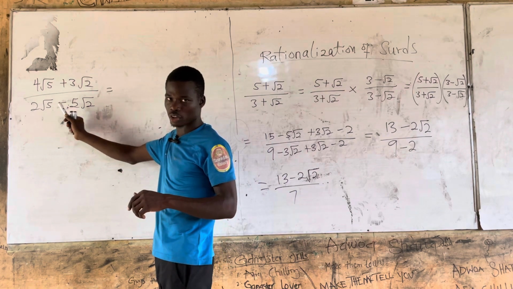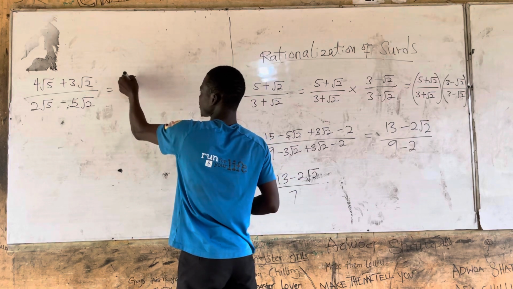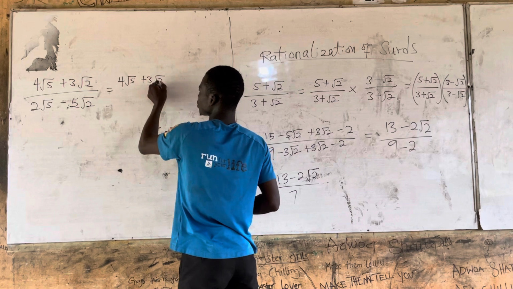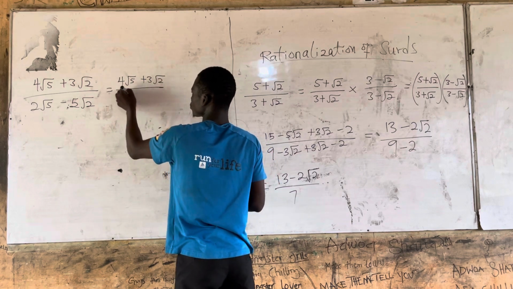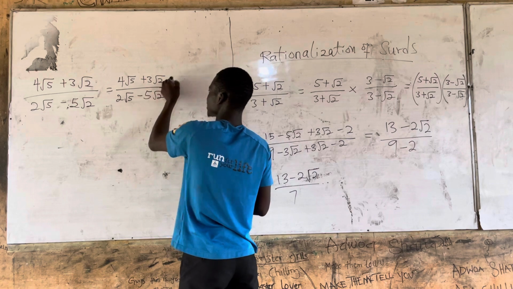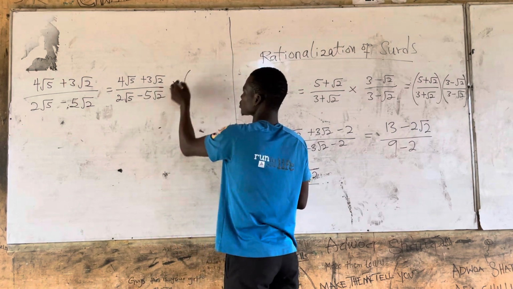And its conjugate will be what? Positive. Therefore, 4 root 5 plus 3 root 2 all over 2 root 5 minus 5 root 2 times the conjugate form of the denominator. We are going to get what?